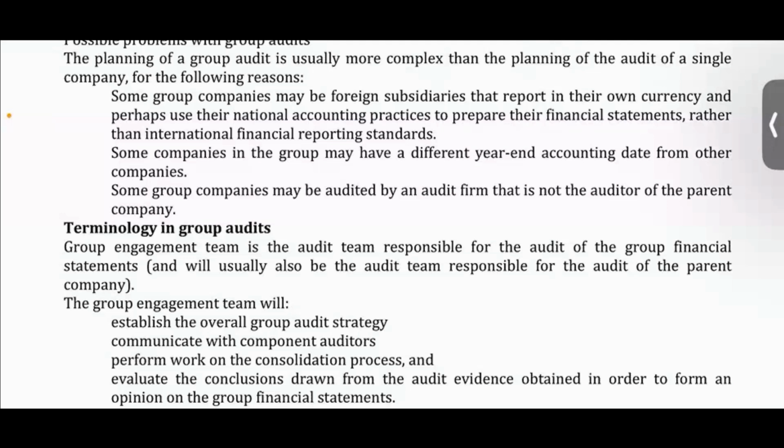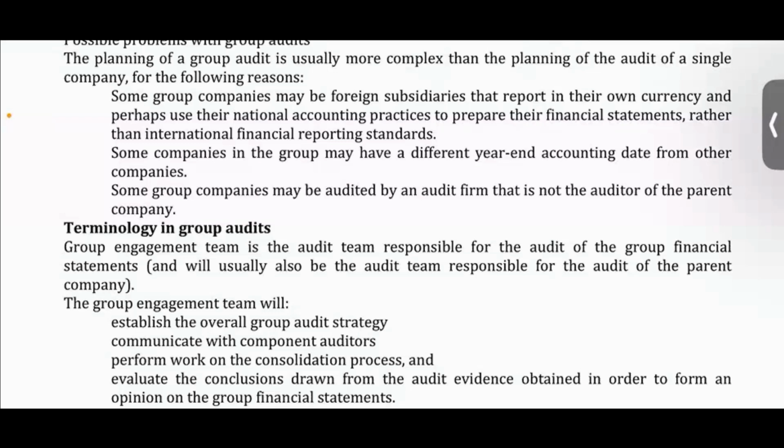Then we have that some companies may be audited by an audit firm that is not the auditor of the parent company. So let's say, for example, Dangote Refinery was being audited by Deloitte, but Dangote Cement was being audited by EY. You understand?